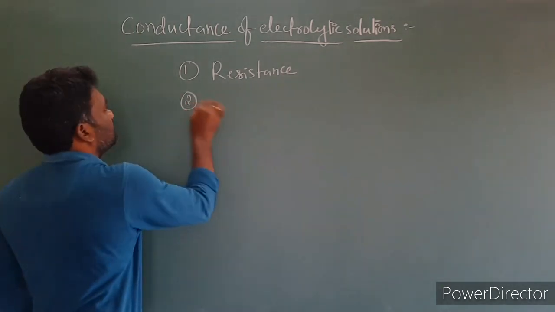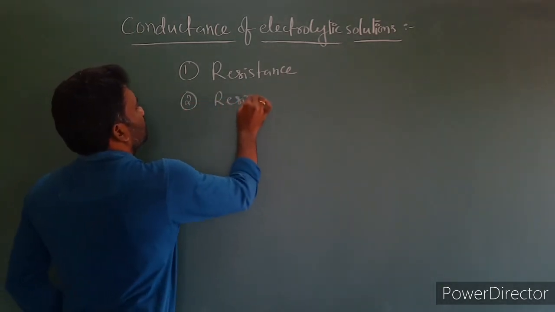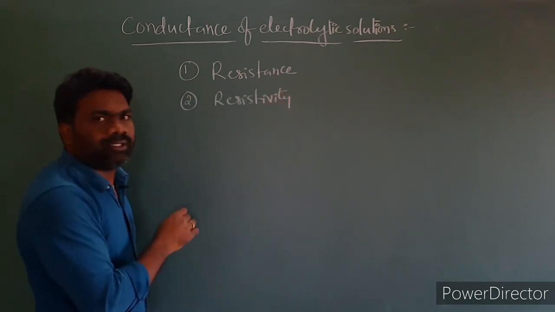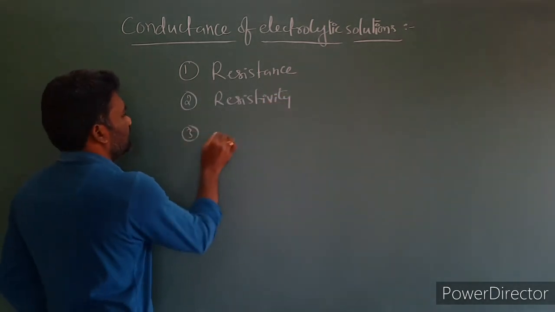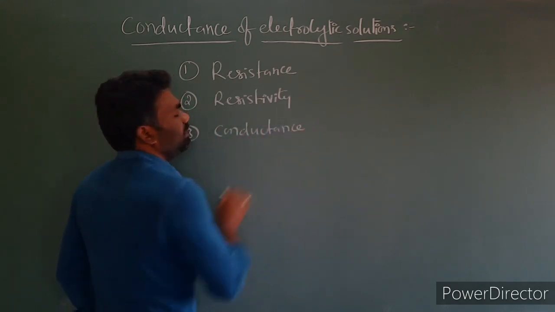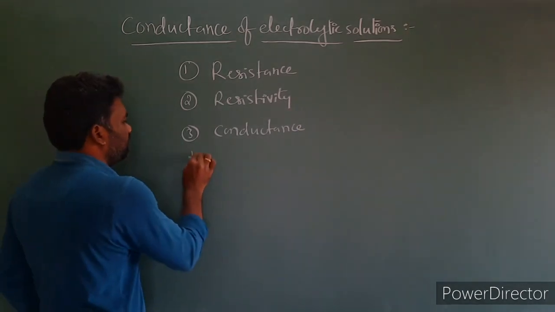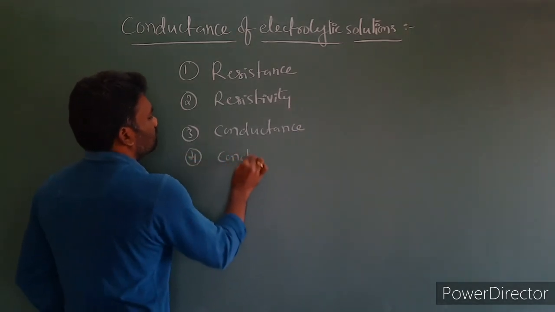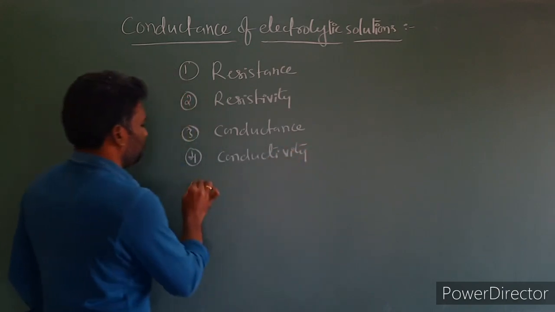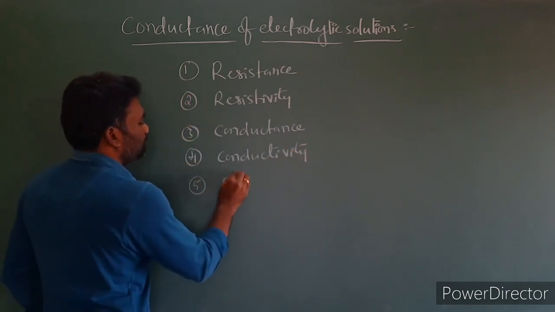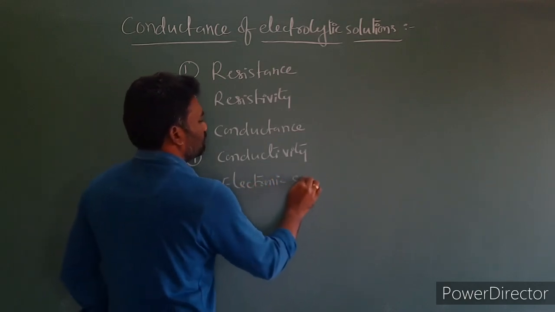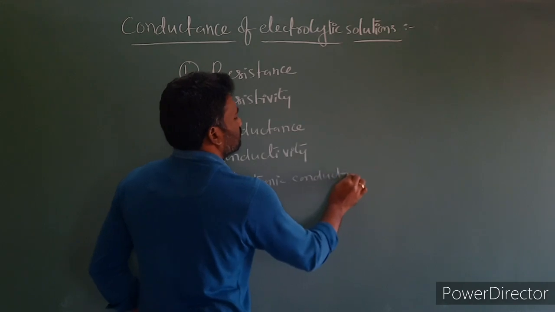The second one is resistivity. The third one is conductance. The fourth one is conductivity. Fifth one is electronic conductance.